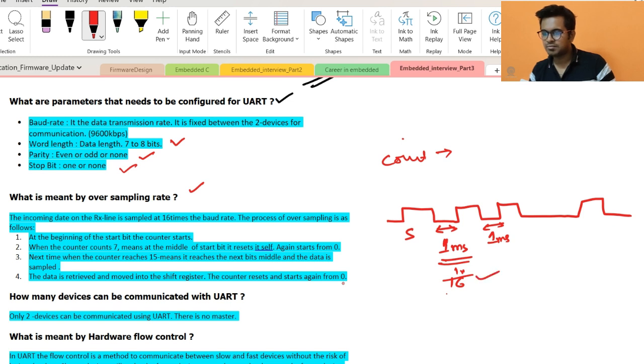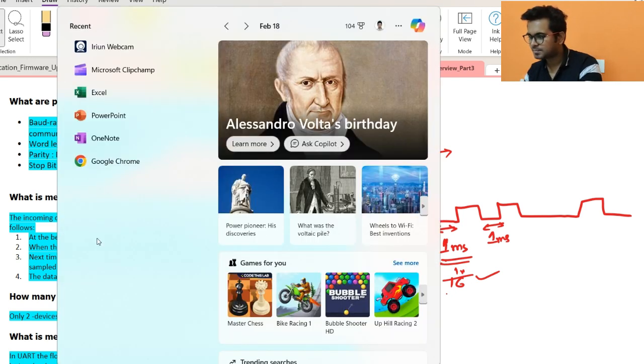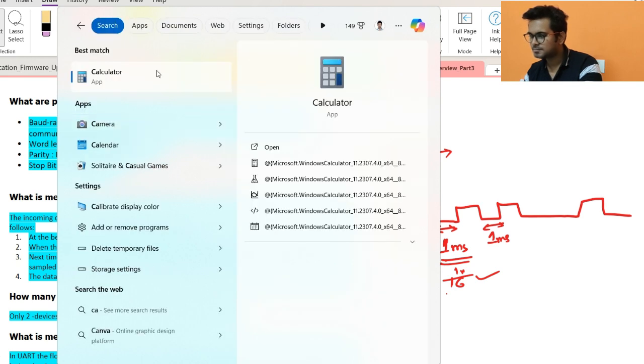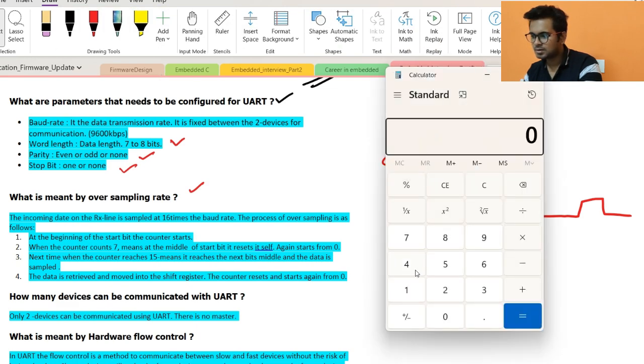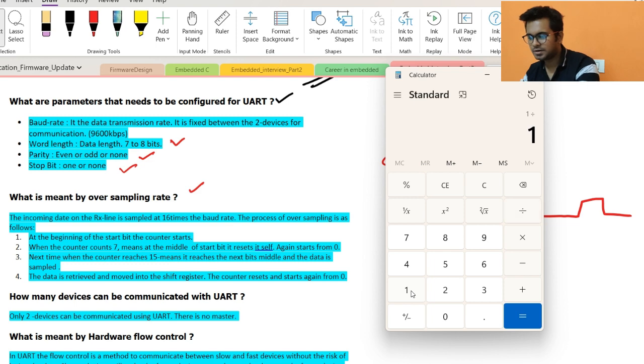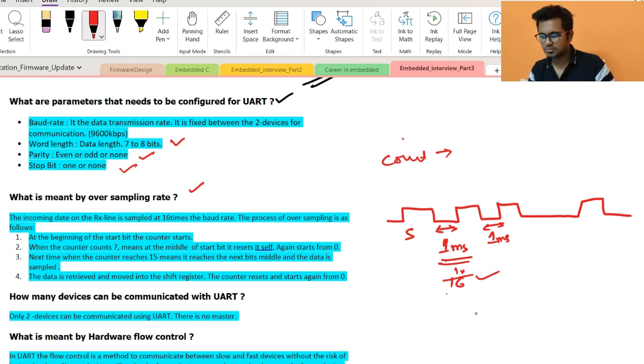At this speed it will be incrementing very fast. 1 divided by 16 is 0.0625 millisecond. So at this speed the counter will be running.